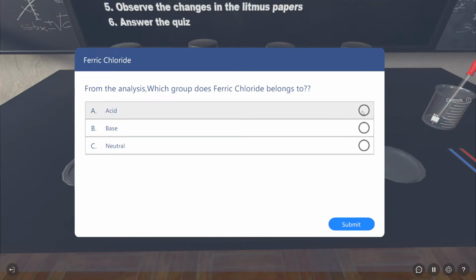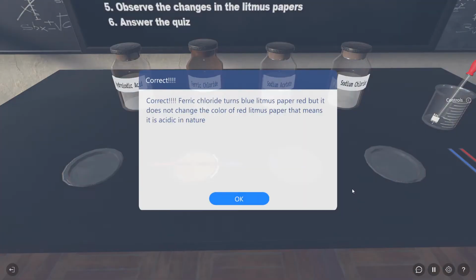From the analysis, which group does ferric chloride belong to? Correct. Ferric chloride turns blue litmus paper red, but it does not change the color of red litmus paper. That means it is acidic in nature.